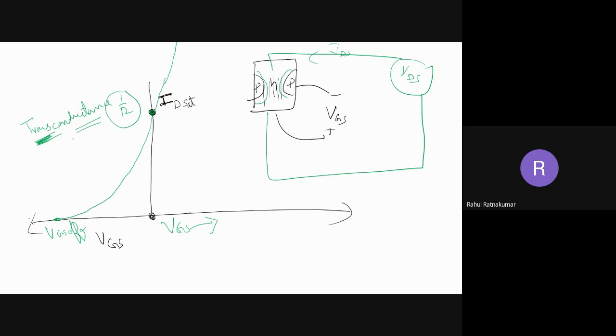So the ratio for transconductance is IDS divided by VGS. Trans means the relation between output and input. Based on the input, here the VGS, what is the output? The output is the IDS current. Current to voltage is one by resistance, that is conductance.